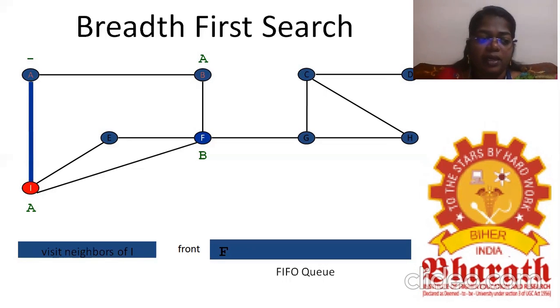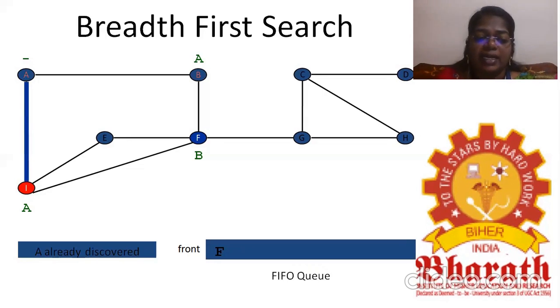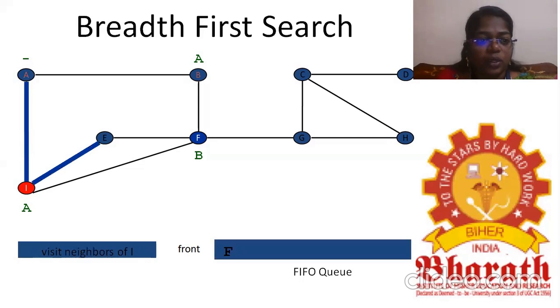A is a neighbor of I, but we know A is already discovered, so we leave A and check the next node. The next node is E. E is a new node, so it is discovered and we enqueue it inside the FIFO queue.